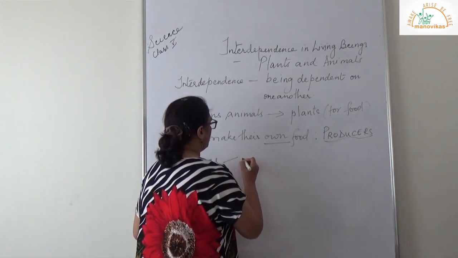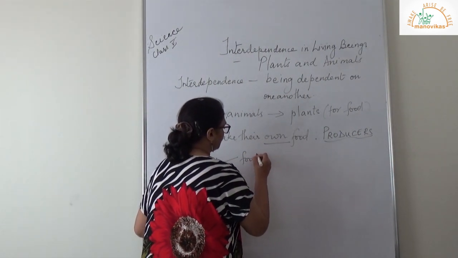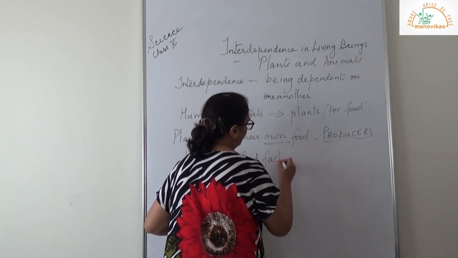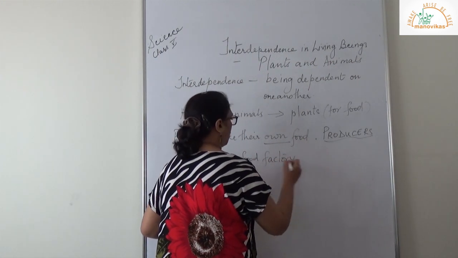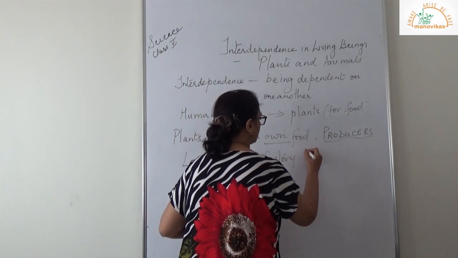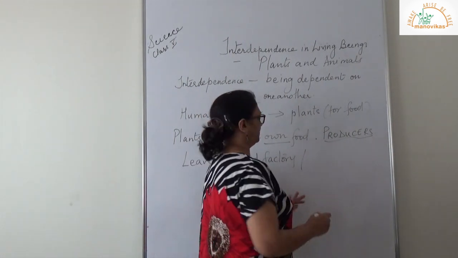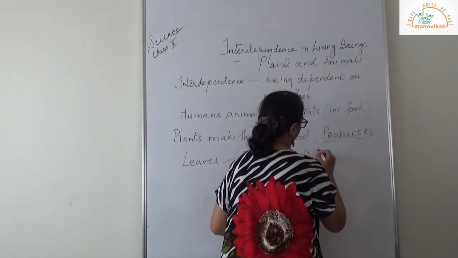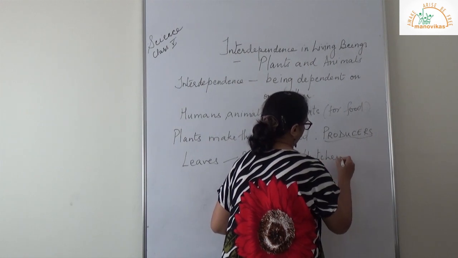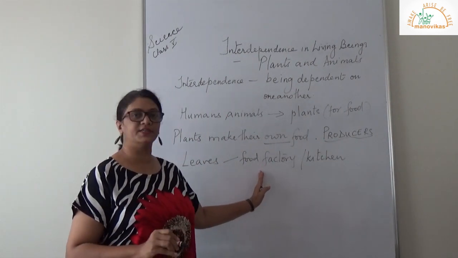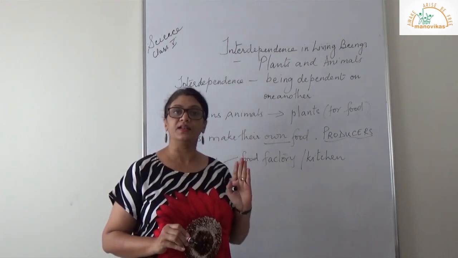Leaves are called the food factory or the kitchen of the plant. The food is prepared in the leaves.